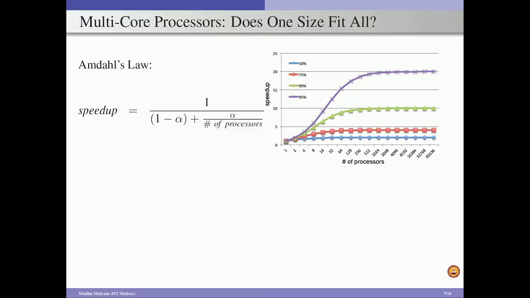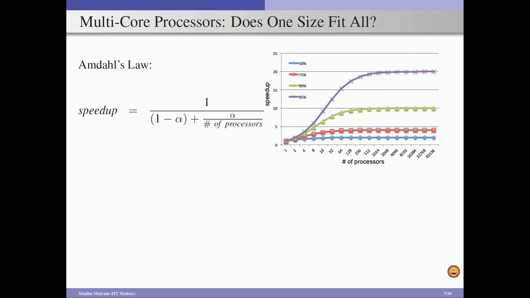According to Amdahl's law, if alpha is the fraction of the code that can be executed in parallel, then the speedup we can achieve with n processors is 1 by (1 minus alpha plus alpha by n), where n is the number of processors.